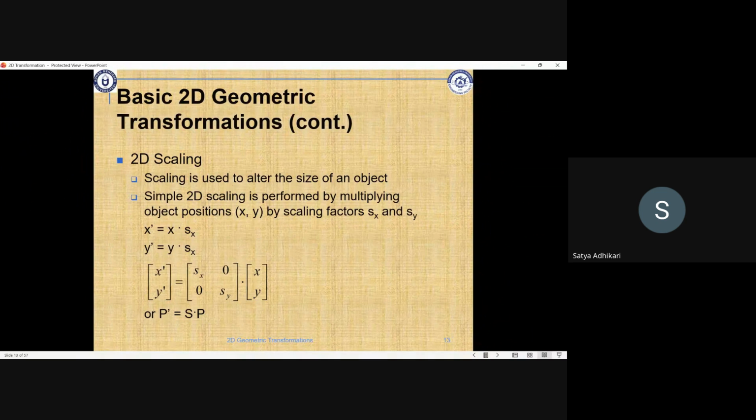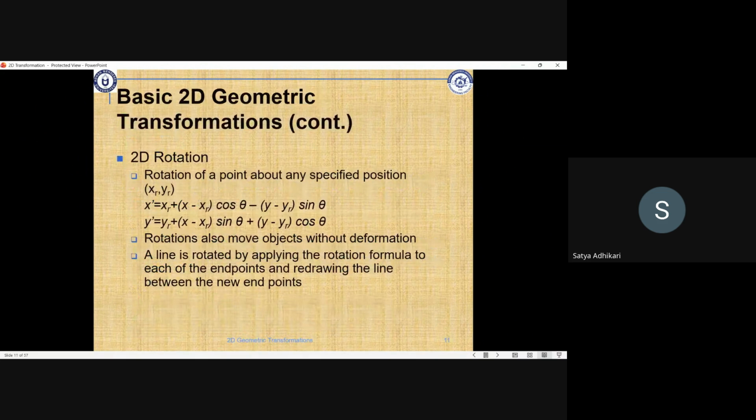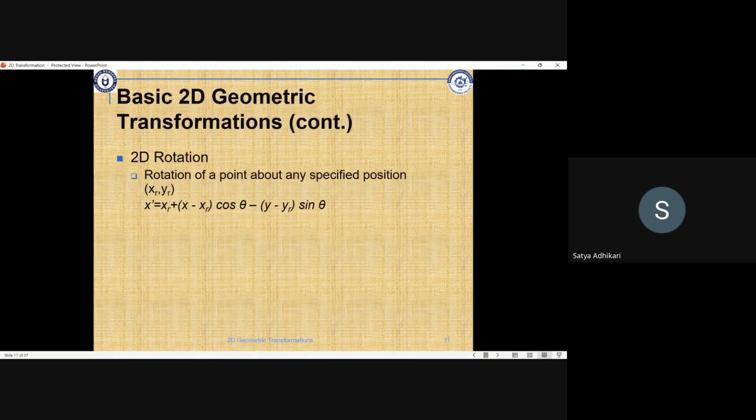Okay, so 2D scaling. Today we discussed two important transformations: translation and rotation. These are single transformations, but sometimes we need to apply them one by one on a single object.